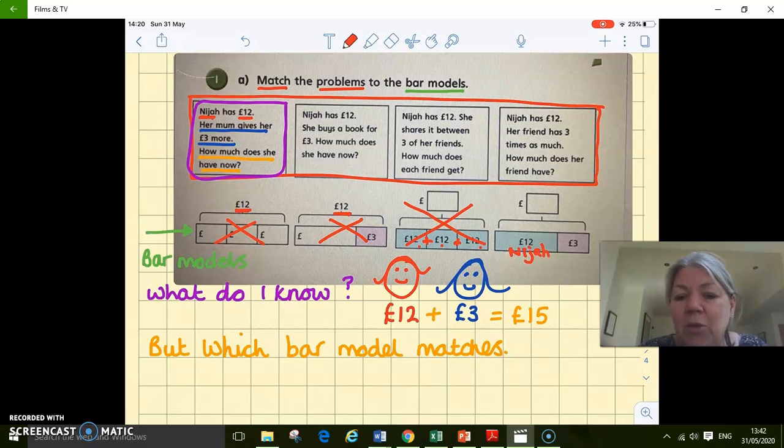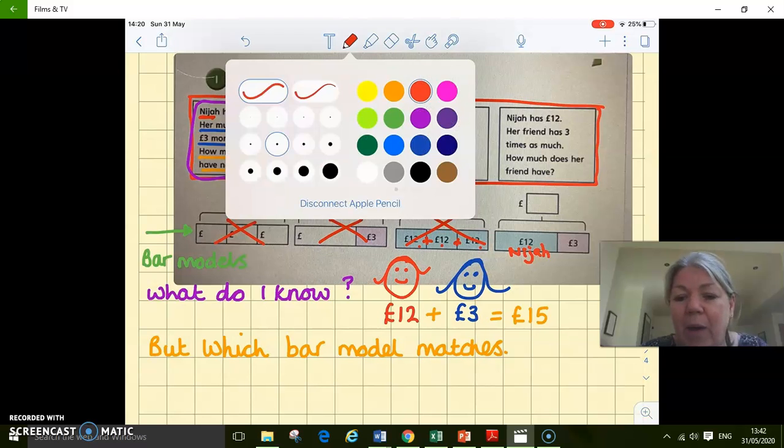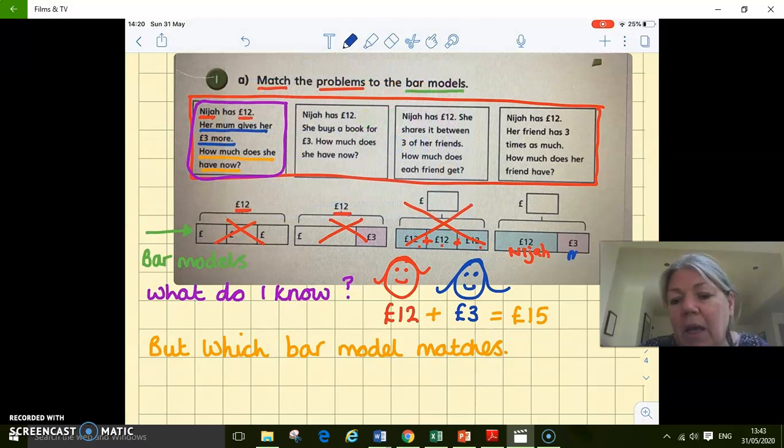I can match my picture here. Here's Neha's £12. Here's Mum's £3. And to combine them to find the total we added, so therefore that is £15. So the first problem matches the last bar model. I'm just going to draw myself a little line with an arrow to show that.